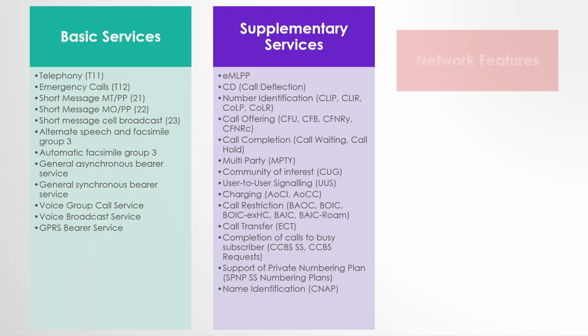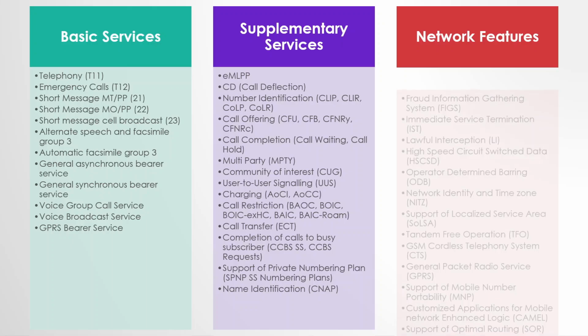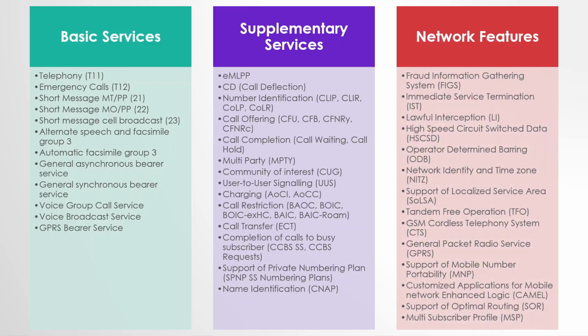Then comes network features, which include fraud information gathering system. The purpose of this feature is to enable home network to monitor the activities of its subscribers while they are roaming to detect and identify potential fraudulent usage of services. Immediate service termination enables the home network to control the activities of its subscribers, particularly when they are in roaming.